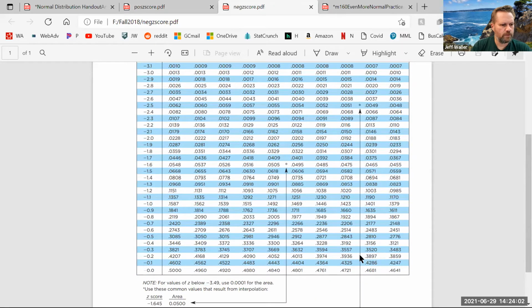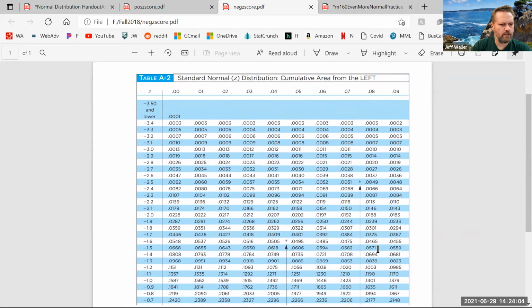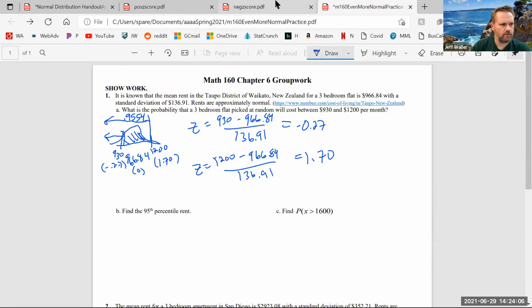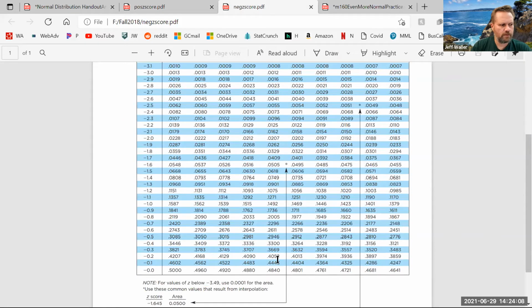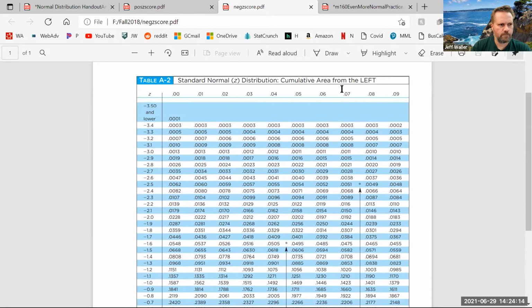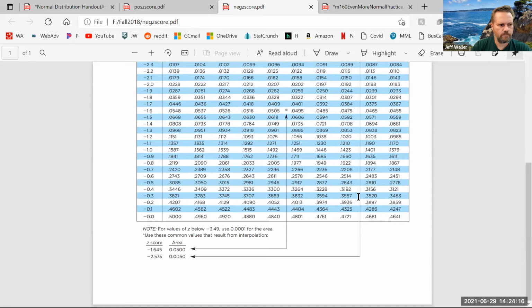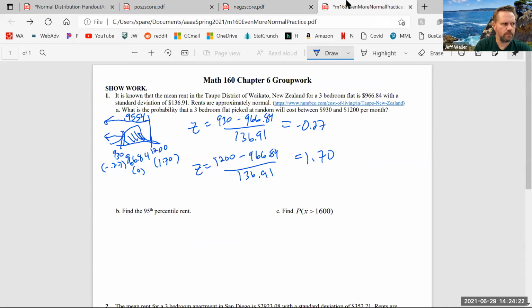No, that's 8. We want negative 0.27, so it'll be 0.3936. Do you see that? Is that all right? 0.3936. Okay.